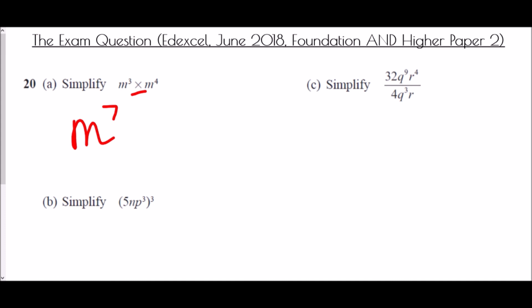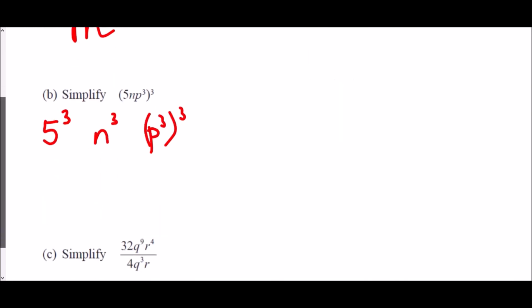So in here, we need to treat each element on its own. So first of all, I would need to do 5 cubed. I would need to do n cubed. And I would have to do p cubed to the power of 3. And so if we work those out, we would have 5 cubed, 5 times 5 times 5, there's 125.